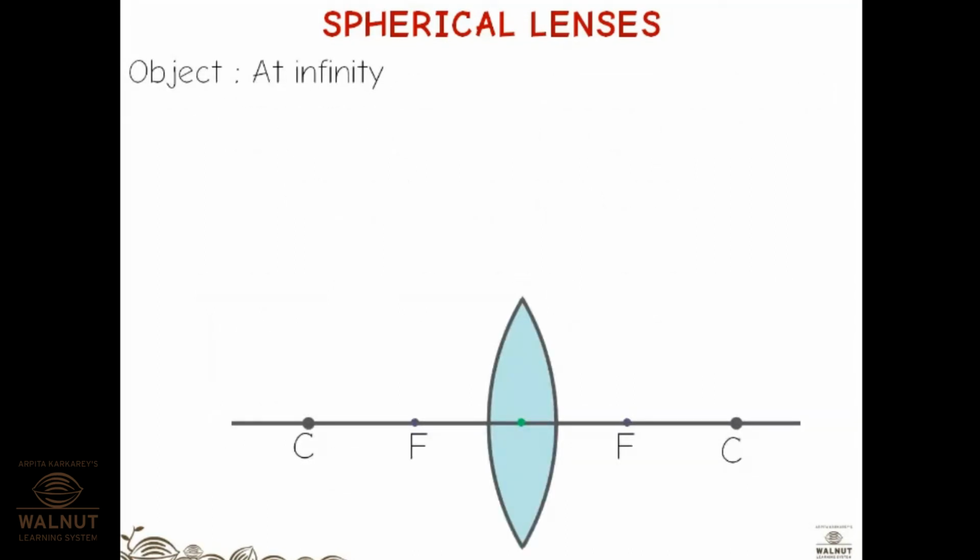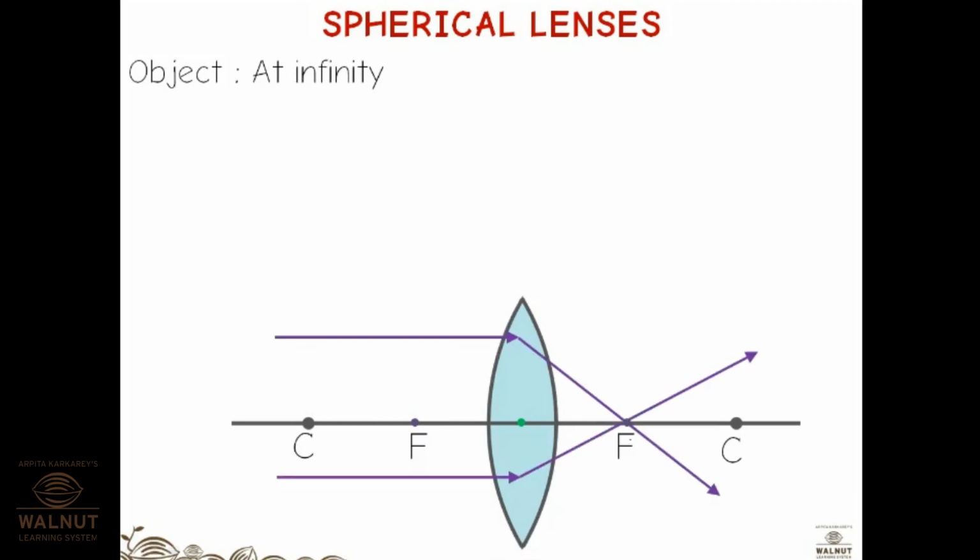Now, you can draw this first, a lens. First you draw the convex lens and draw the principal axis and show the centers of curvature and principal focus. We are going to keep the object at infinity first. Right? This is the first case we have to follow initially.